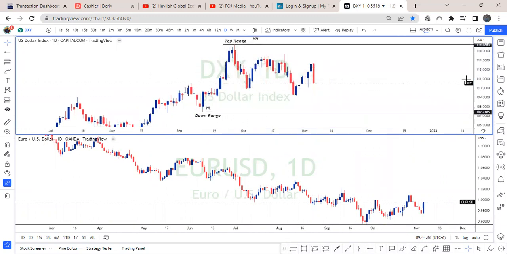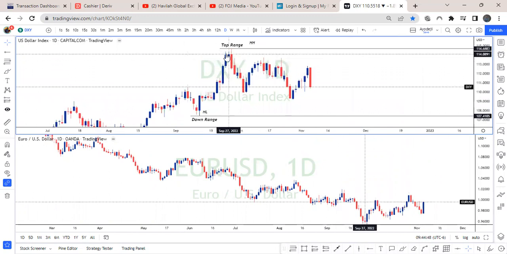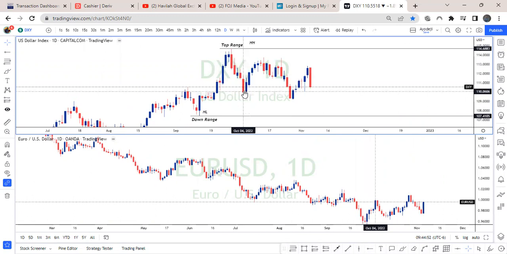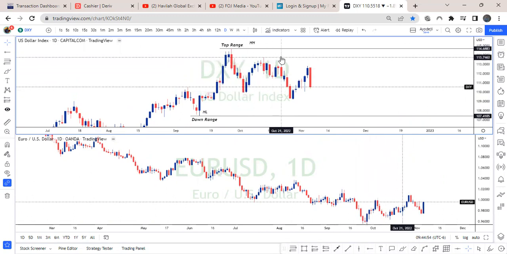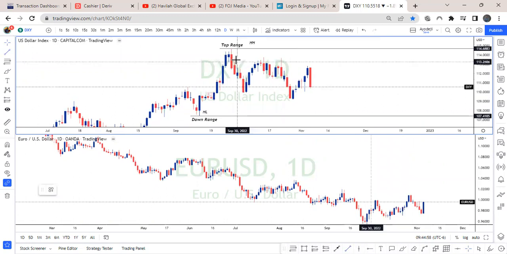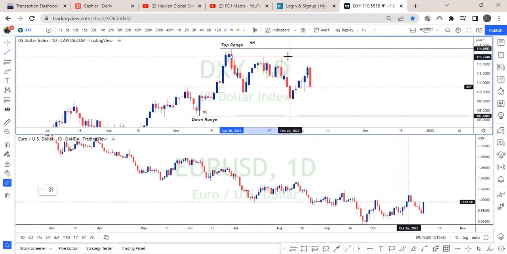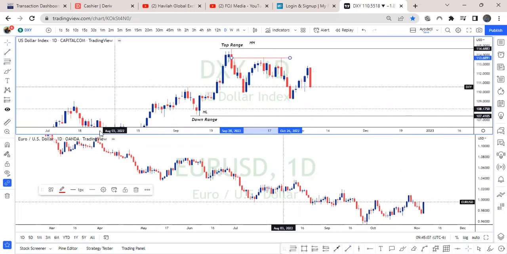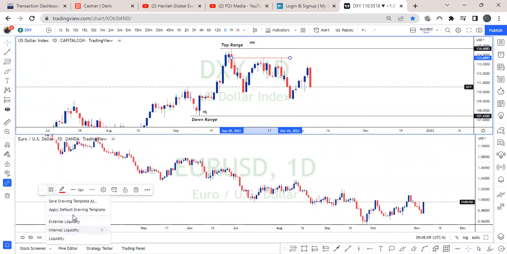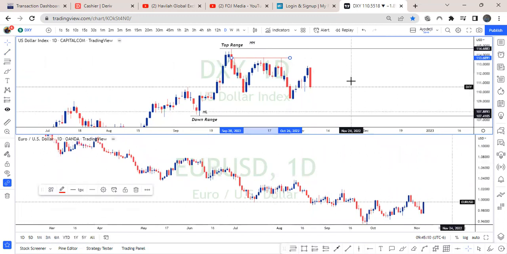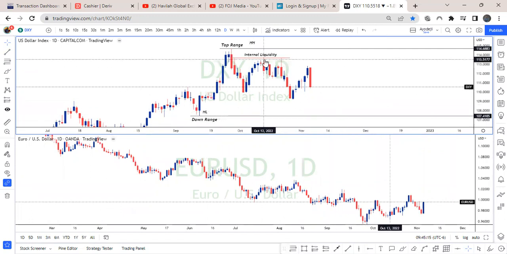So let's see what DXY is doing. DXY created a higher high, came to create a low, and then gave us a kind of a liquidity stack. So this is liquidity. It is internal liquidity because it is within the range. And then what happened?